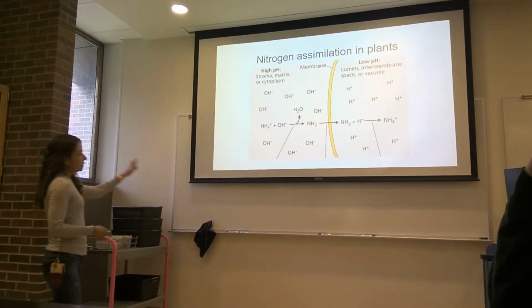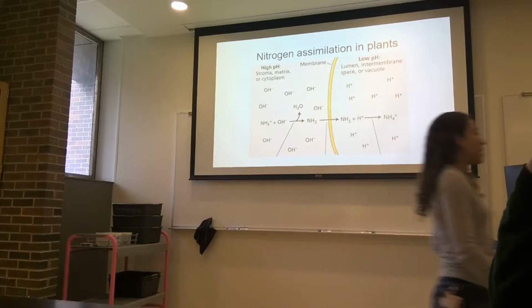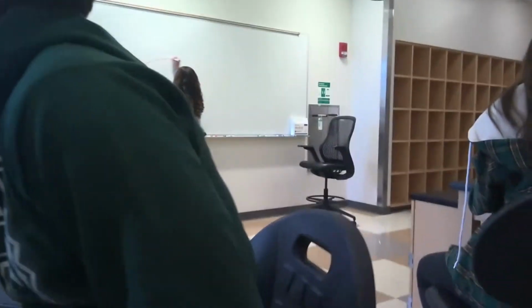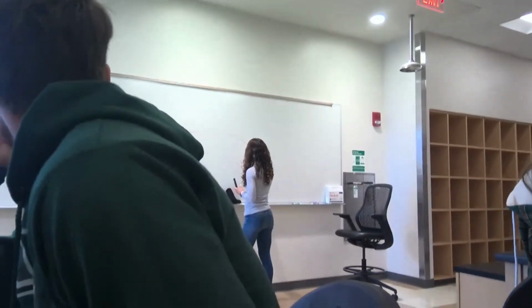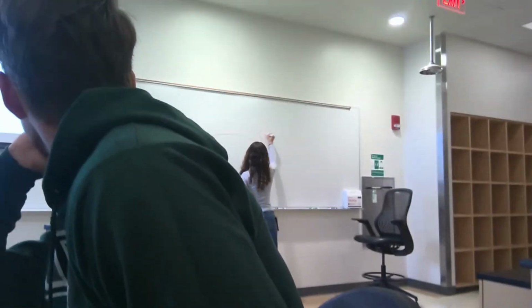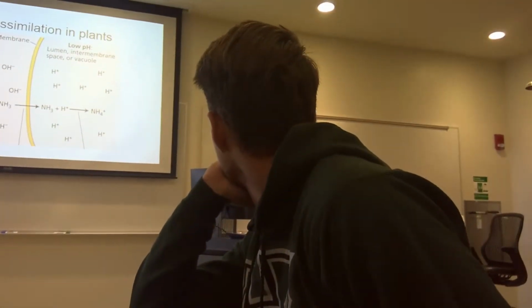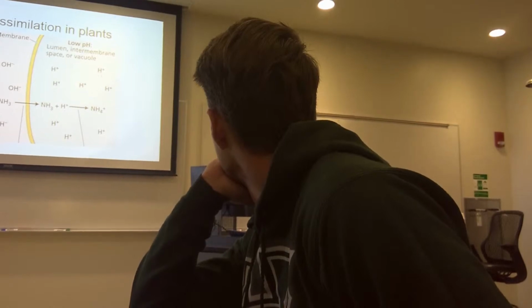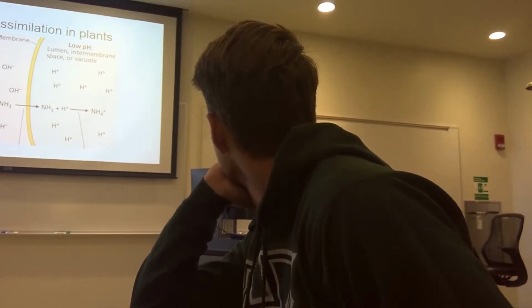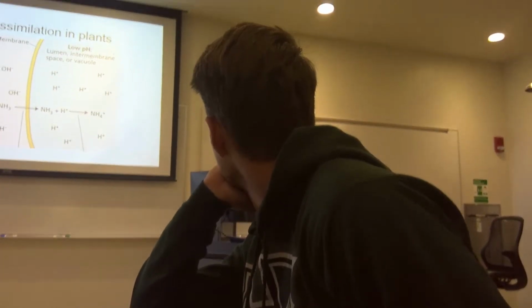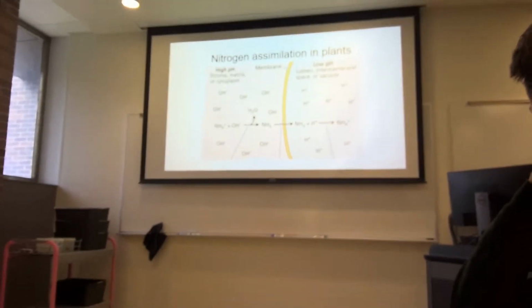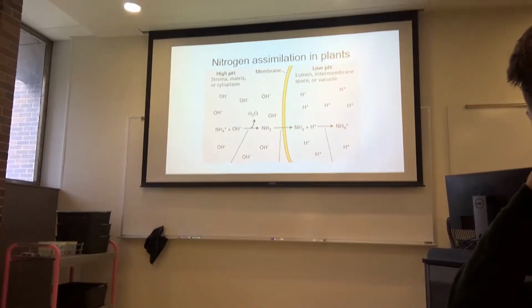So this is what happens. We have been talking about this gradient for a while. So we have this cytoplasm here, this is the cellular space. And we said that plants have, first of all, the H-type ATPase that pumps hydrogens outside.